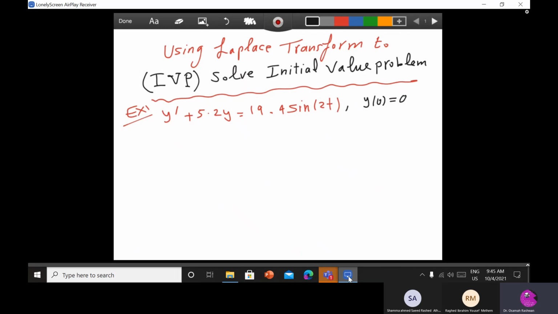But now let us solve it by Laplace. If I said here: solve y' plus 5.2 y using Laplace transform.